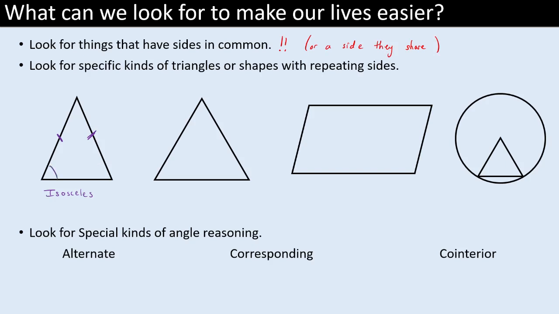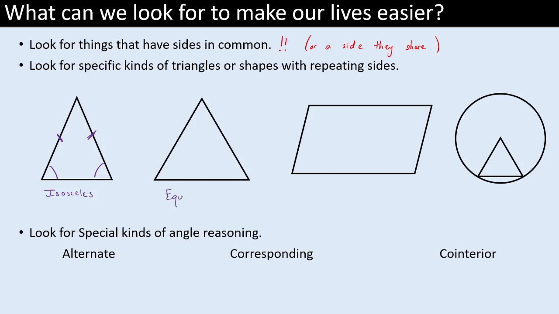But I also should know that the base angles are going to be equal as well. And if you can identify those as being equal angles, that might help you to then work out something else, and it might ripple along.